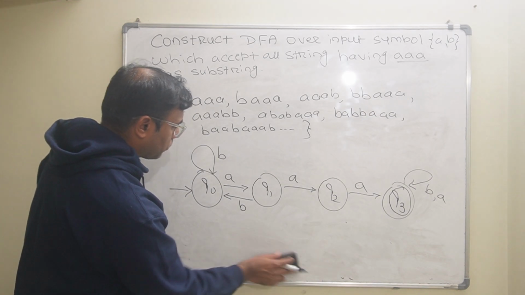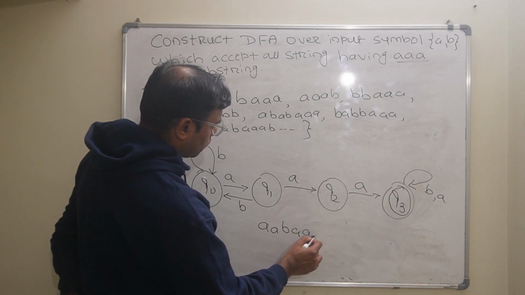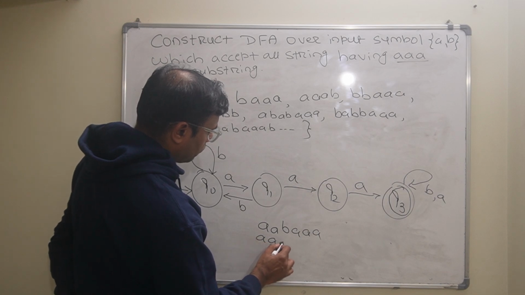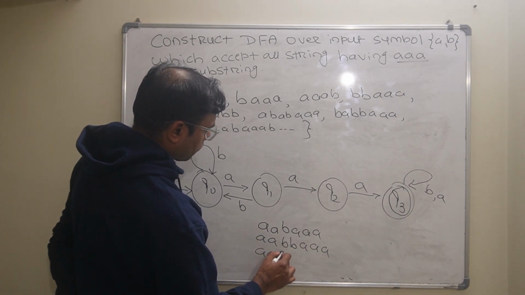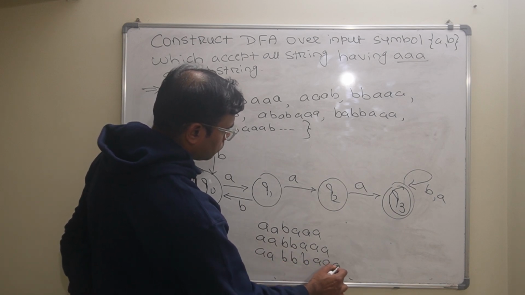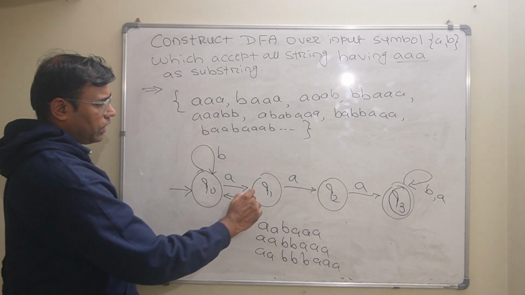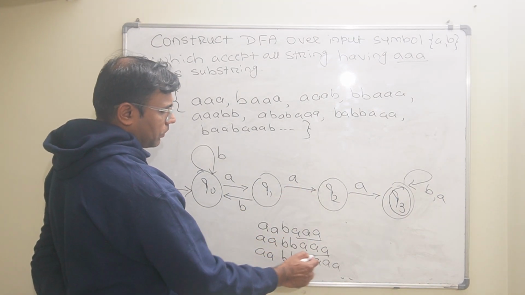Now the next possibility is, suppose there is AABAAA, then AABBAAA, then AABBBAAA. So what to do in this case? So here A, then we want at the end there should be AAA.